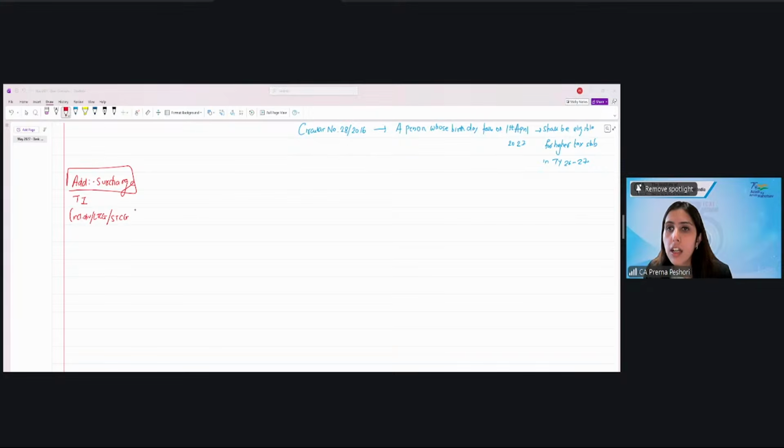So, if my total income includes the STCG covered under 196, and LTCG covered under 197 or 198.